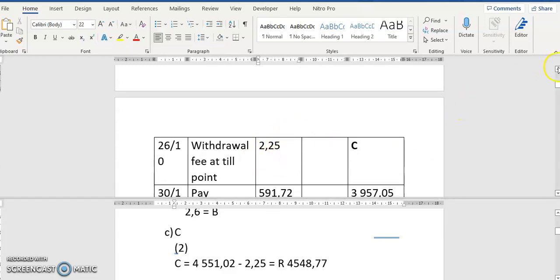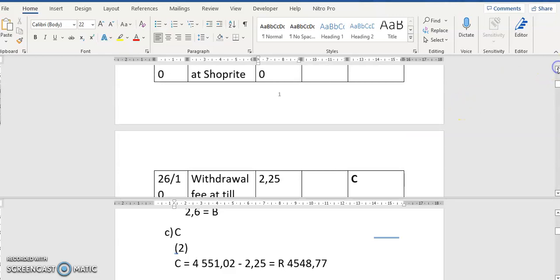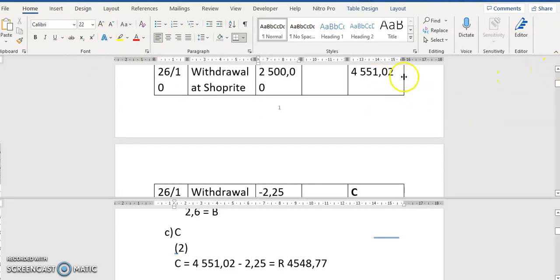You see that C is on debit. So what are you supposed to have in front? Minus. So you should have minus in front. So this is our balance. The balance is the last one. The balance, which is this one, minus 2, 5.